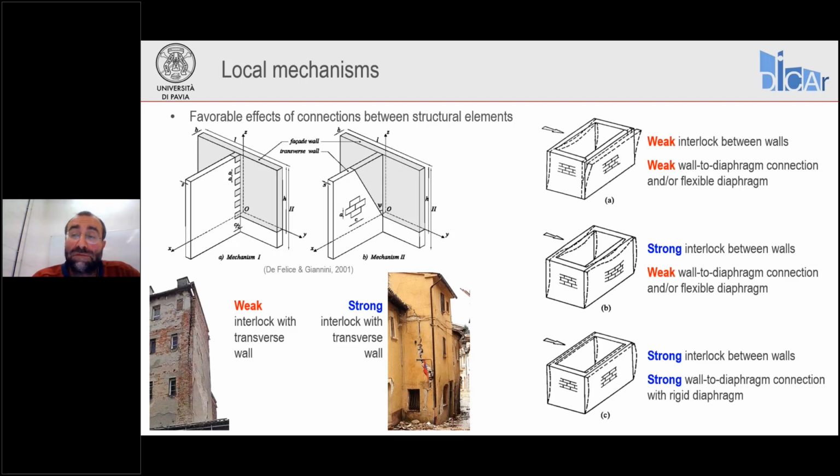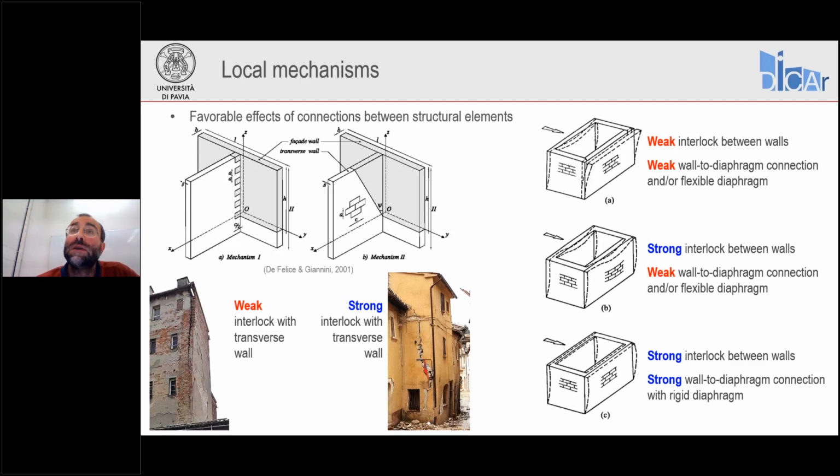In general, if we have weak interlock between walls and poor wall-to-diaphragm connections or flexible diaphragms, we may be in the most unfavorable case, where walls can separate from each other and easily overturn out of plane. If we improve the interlock between perpendicular walls, but still connections and stiffness of diaphragms are not so good, we may be in a better situation, but still we may have local mechanisms related to bending of the walls out of plane.